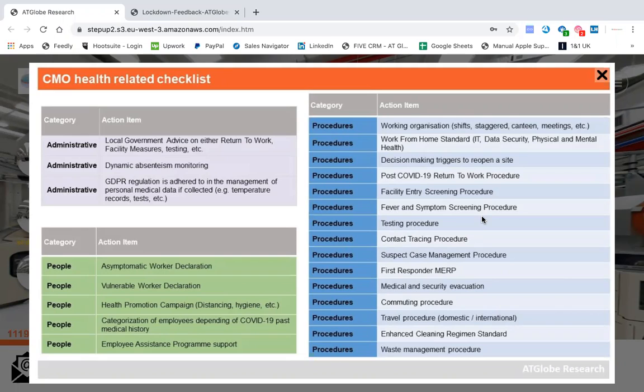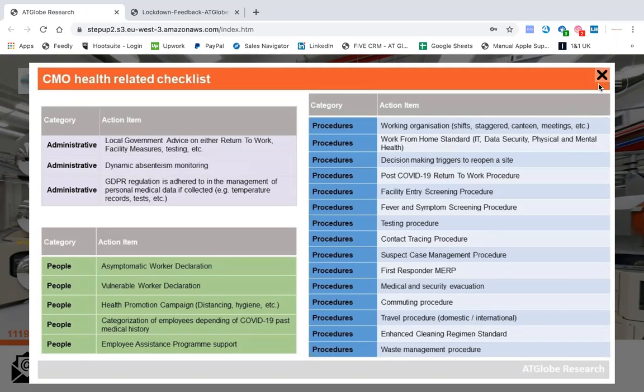We've recently heard that if you arrive in the UK, you've got to shield yourself for 14 days. Well, it doesn't really make sense to come into the UK then. And then you've got things like your cleaning regime procedure and the waste management as well.